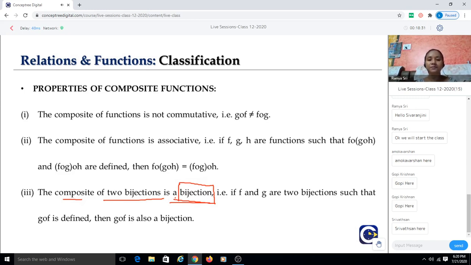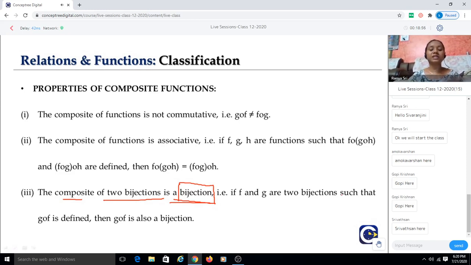Any idea? If you remember, in our previous session itself, we discussed this bijection, which is one of our classification of functions, where we discussed one-one function, many-one function, onto and into. There we actually covered this bijection also, right?